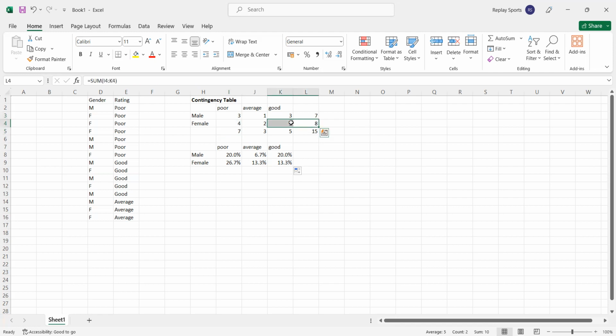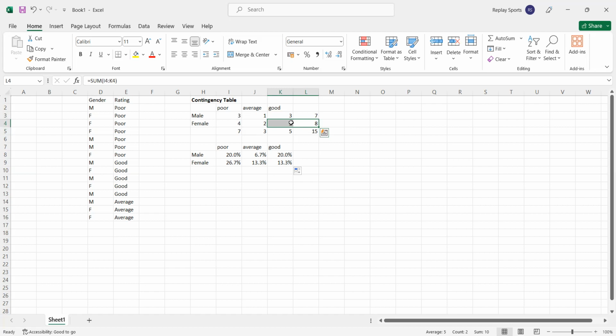I first say it is 100% female, right? So your denominator will be 8, not 15 or 7 or 5. Given that it is a female, what is the probability that rating is good? 2/8.